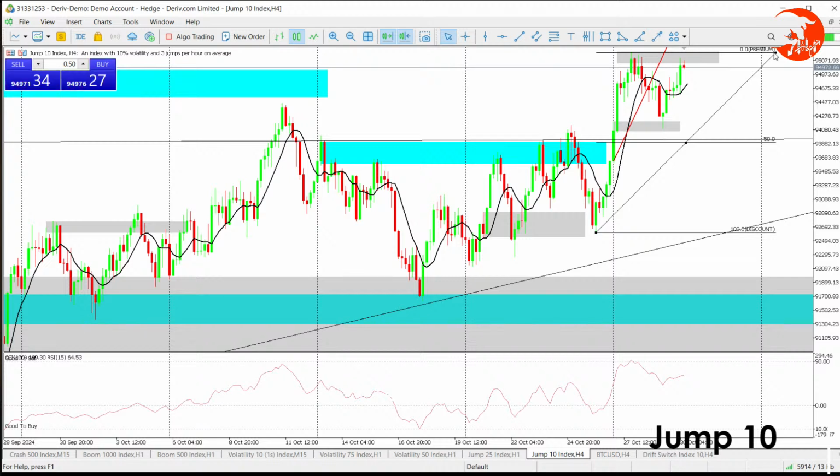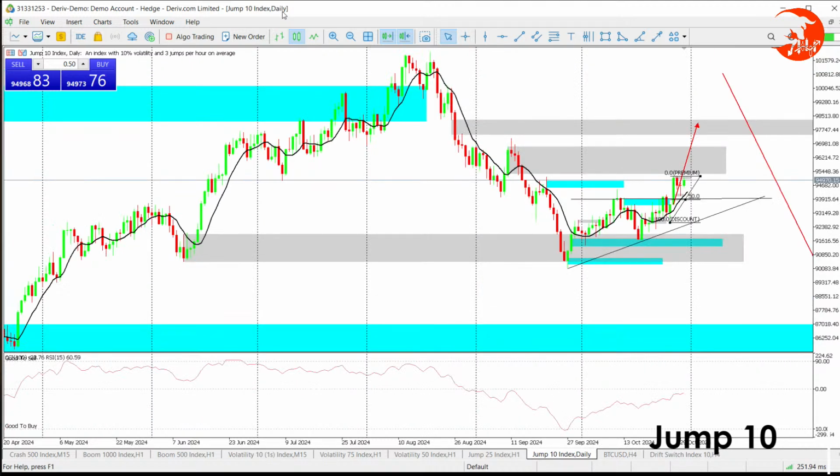This was a breakout from this pattern, so I'm not anticipating it coming back.